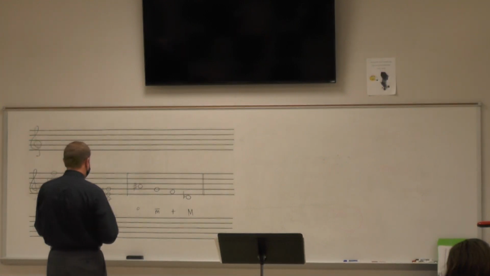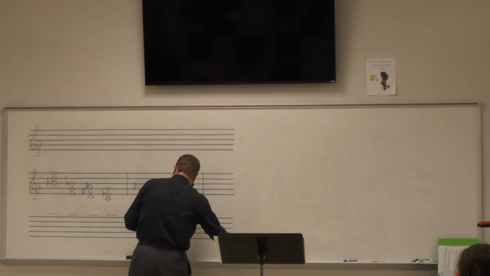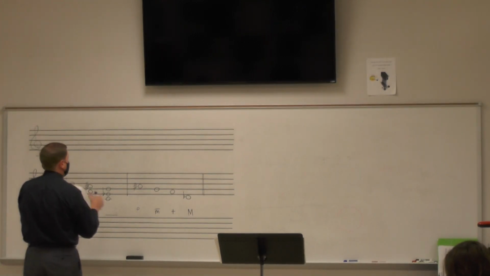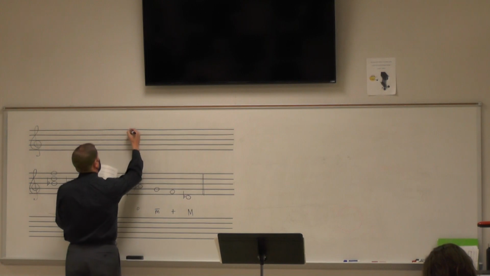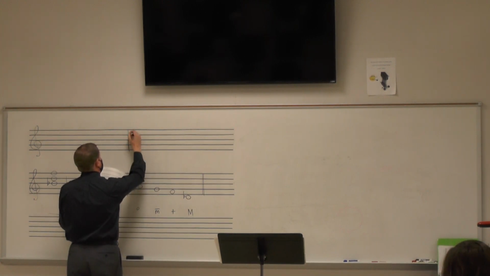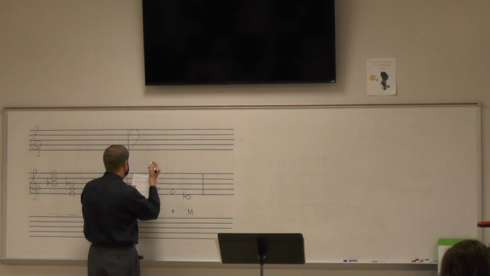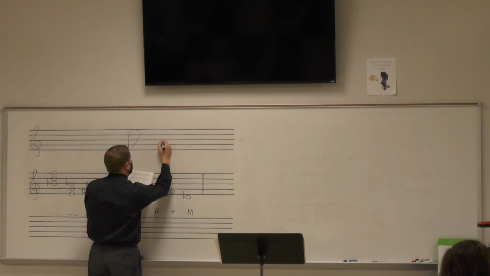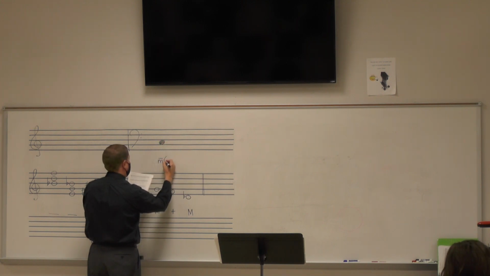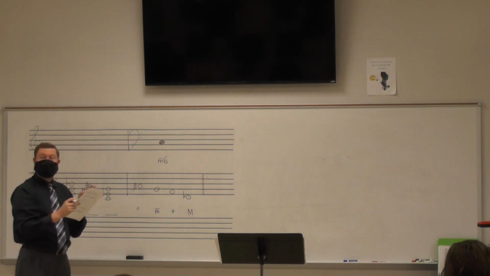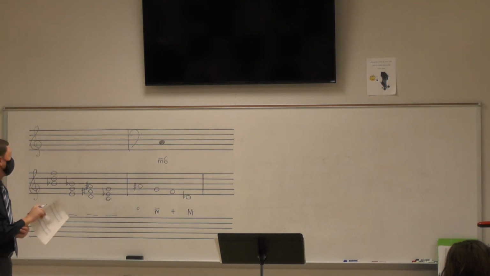So number 31. Let's go over here, since I have a little space. Number 31 is in the bass clef, and we're given a C. And we're asked to spell or find the note that is a minor sixth below.